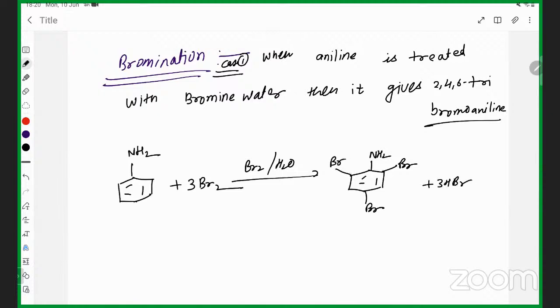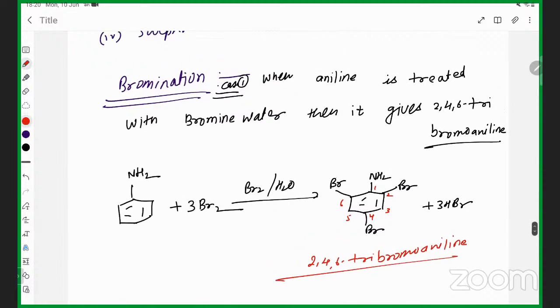If you write the numbering 1, 2, 3, 4, 5, 6, this is 2,4,6-tribromoaniline. So why is it giving a tri-substituted product? Because these positions in aniline are highly negative, so at these positions they are going to give the tri-substituted product.